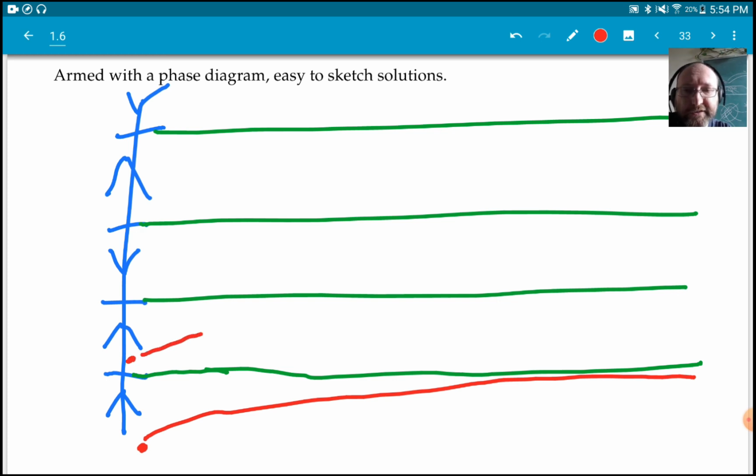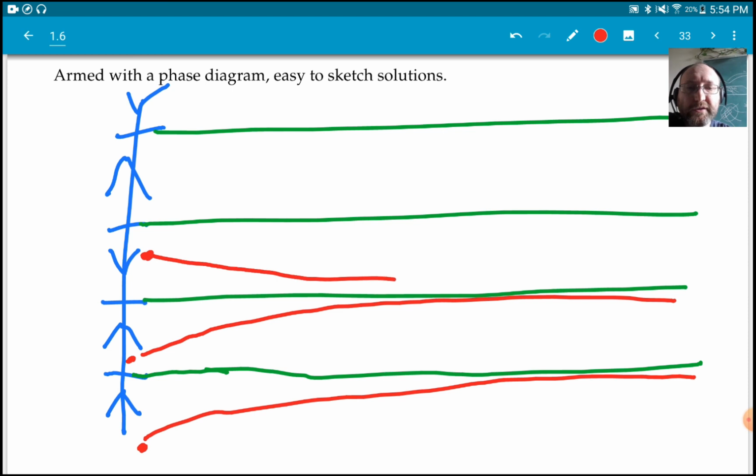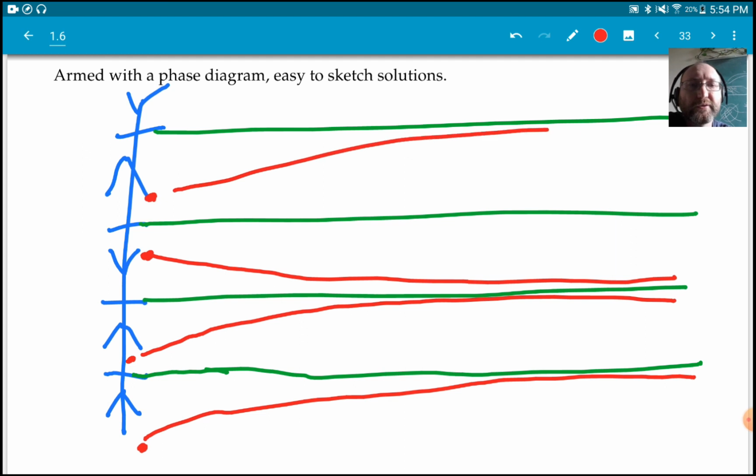So this is going to look like this. If I start over here, it's supposed to be going down, so I go down like this. If I start up here, I'm going to have to go up like this, and down here, going to go down like this, right?